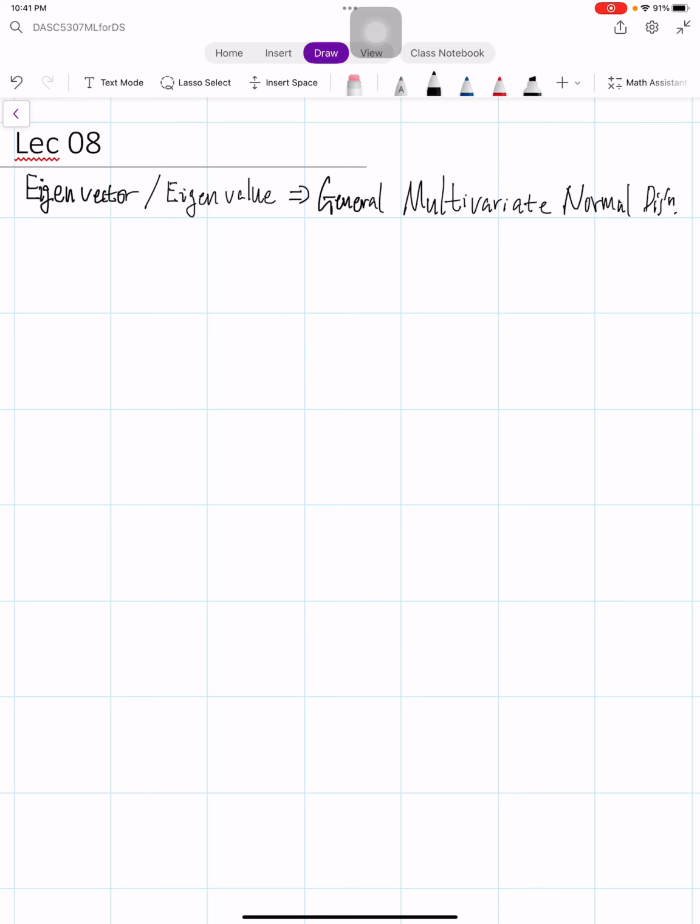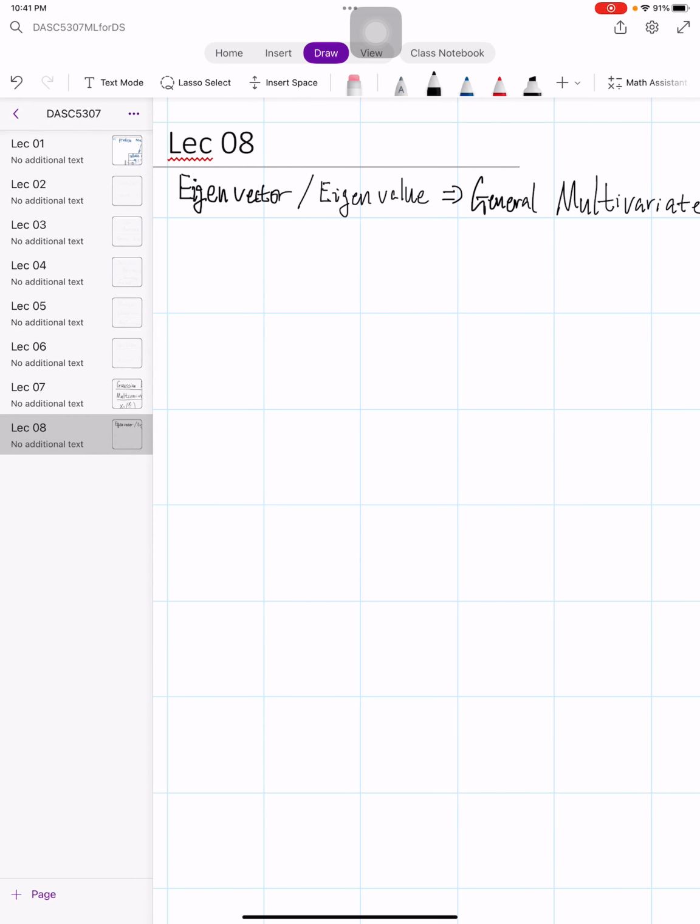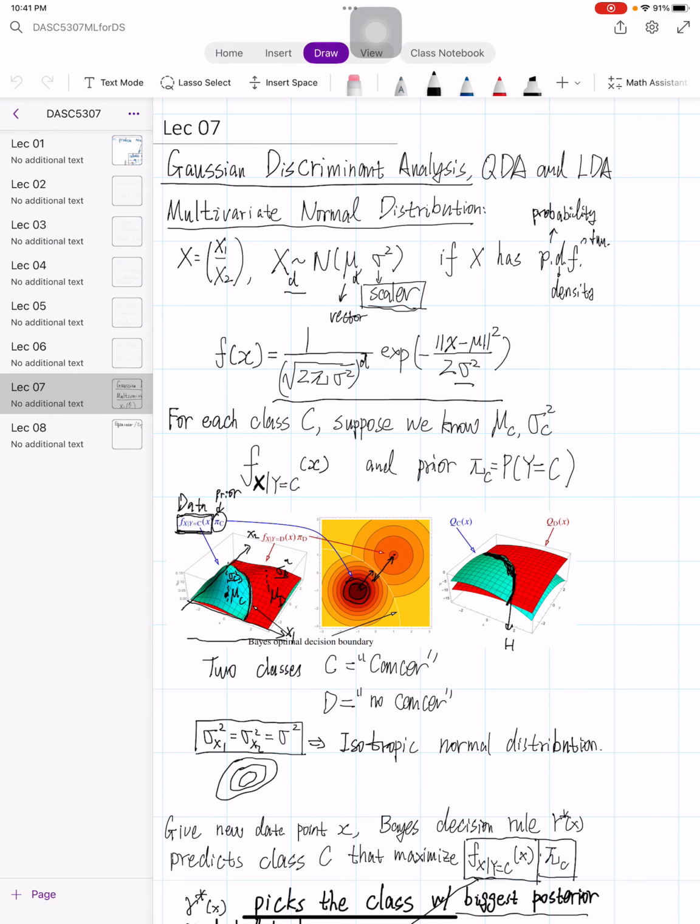Okay. Recall in our last lecture we talked about the quadratic discriminant analysis and the linear discriminant analysis, where the quadratic discriminant analysis requires a multivariate normal distribution, but there we assume they share the same variance.